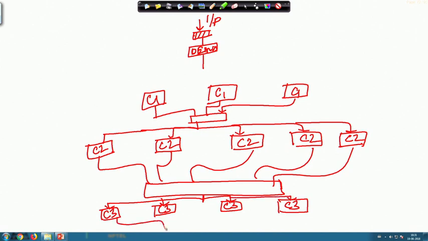Then again I need one multiplexer. So, this will produce one single output, which is nothing but your Y.